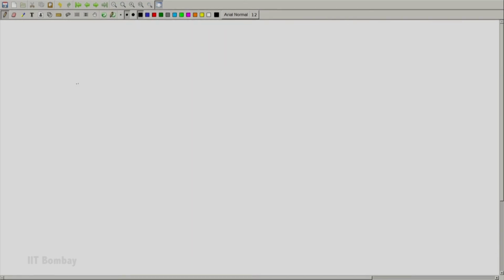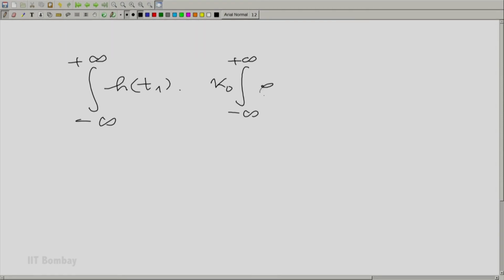We have integral minus to plus infinity h t1 times this integral inside, kappa 0 into integral minus to plus infinity e raised to the power j omega t minus t1 d omega, all this business, and then dt1.